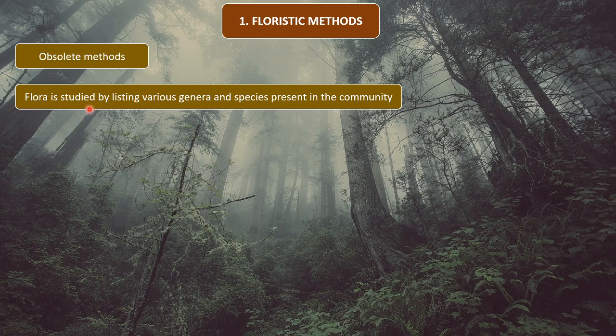So what is done in this method? The flora is studied by listing various genera and species present in the community. Only the listing of genera and species that are present in the community is done. We know what is genera, right?